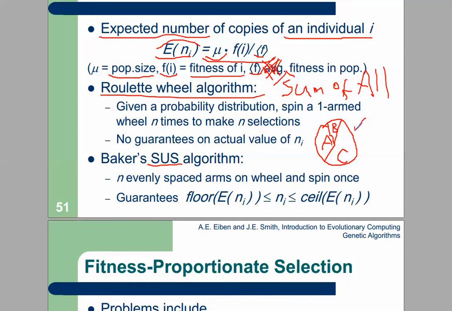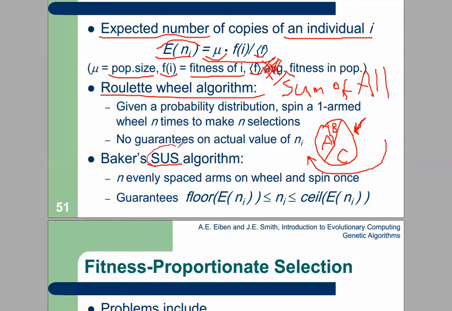Then you spin, for example, if you have 3 elements, you spin this roulette 3 times, and each time the element near this sign is selected for the next stage. So all of the elements have a chance to be selected for the next generation, both A, B, and C.